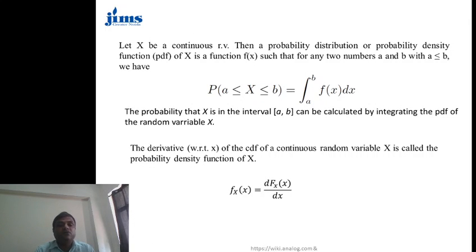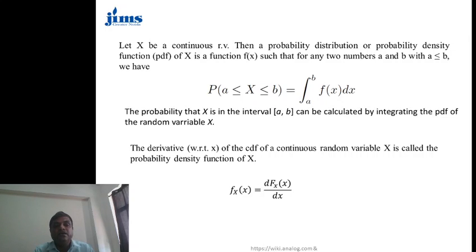Then let us see a particular example. If x is a continuous variable, then the probability density function of x is a function f(x) such that for any two numbers a and b, with a less than b, it is represented as the integration of f(x) dx from a to b.